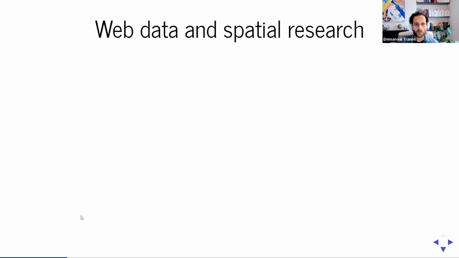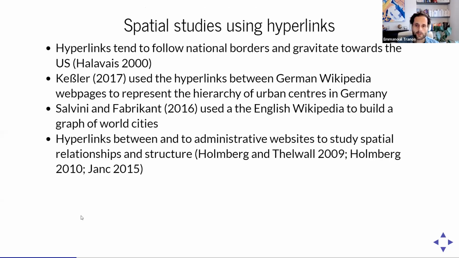Let me just briefly refer to previous literature. By no means are we the first ones utilizing web data, and more specifically, hyperlinks between websites, in order to understand spatial relationships across space between places.